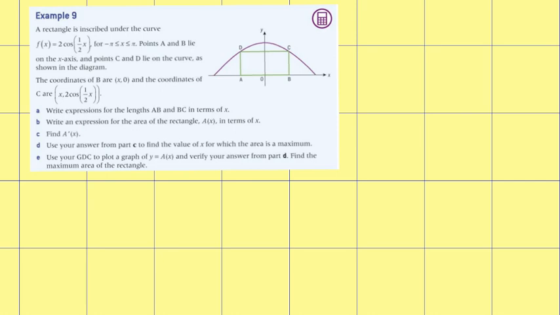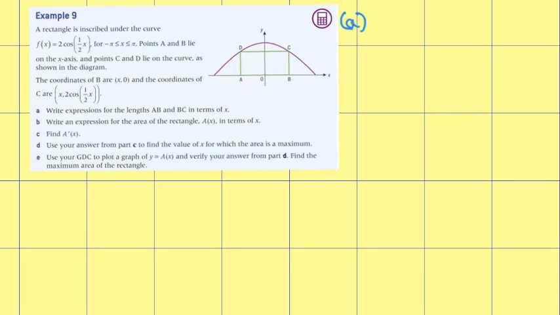The line AB joins 2 points on the x-axis. The line CD joins 2 points on the curve 2 cos half x. The height of the rectangle, BC, goes from a point on the x-axis to a point on the curve.